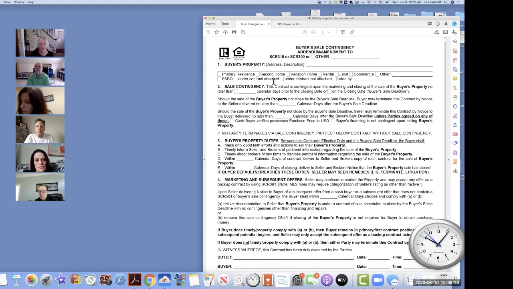The next is the sale contingency, and this establishes the buyer's sale deadline that's referred to in this form a couple of, 3 times. This contract is contingent upon the marketing and closing of the sale of the buyer's property no later than blank calendar days prior to closing date or on the closing date. Either of these that you choose becomes a buyer's sale deadline.